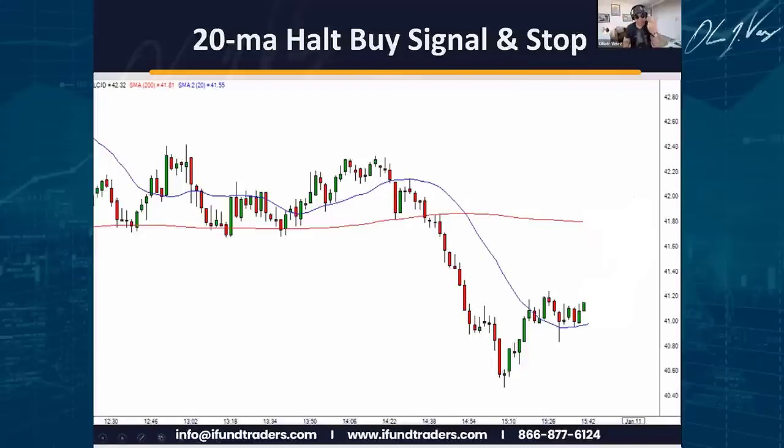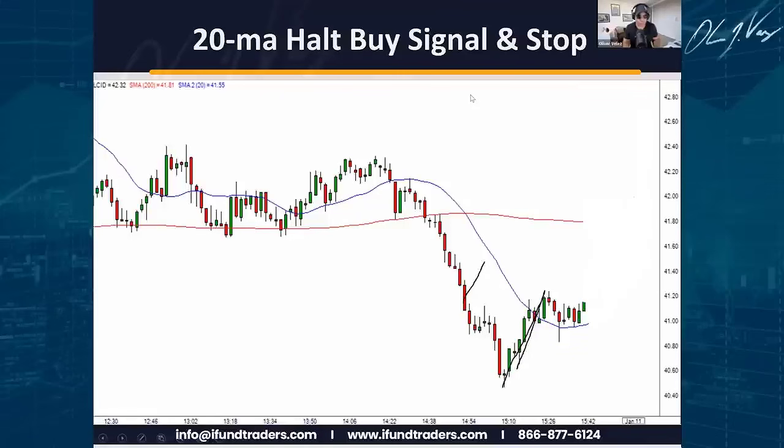Then we need, number two, a move through the 20-period moving average, not to the 20-period moving average, through, okay? So we need this, the move through the 20.